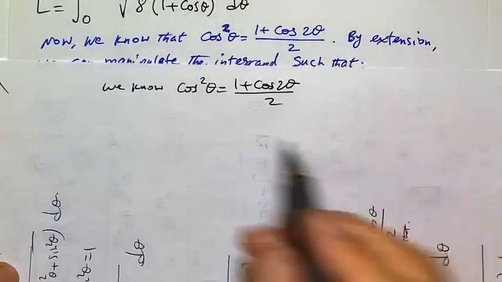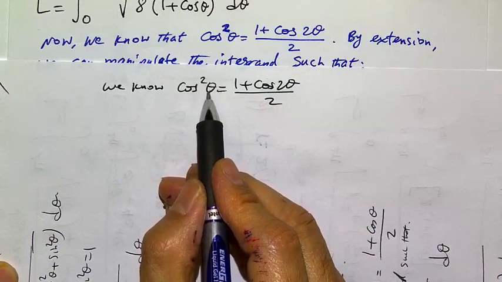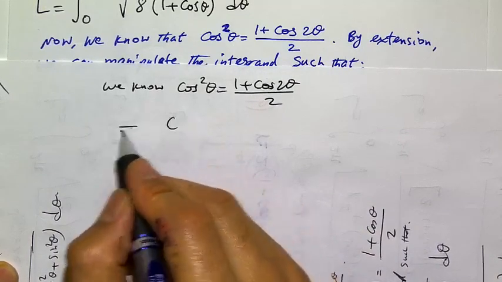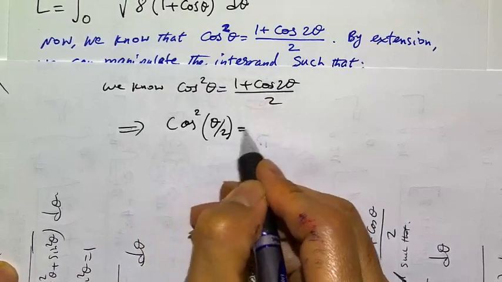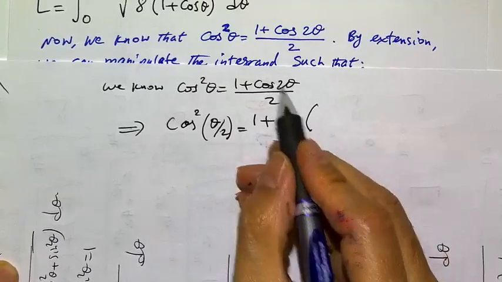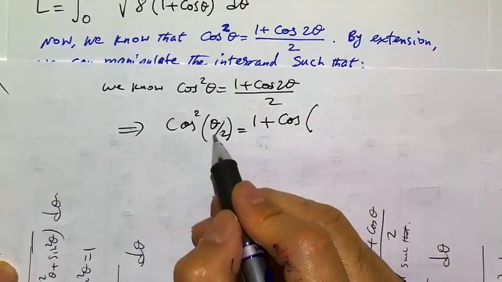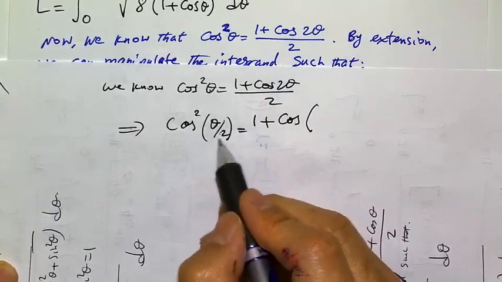So if instead of theta we have theta over 2, then cosine squared theta over 2 would be equal to 1 plus cosine of 2 times theta, where our theta is theta over 2, all divided by 2.